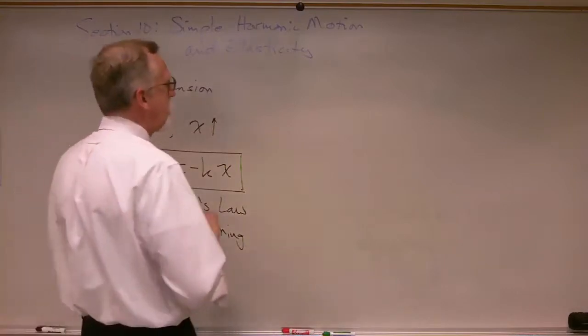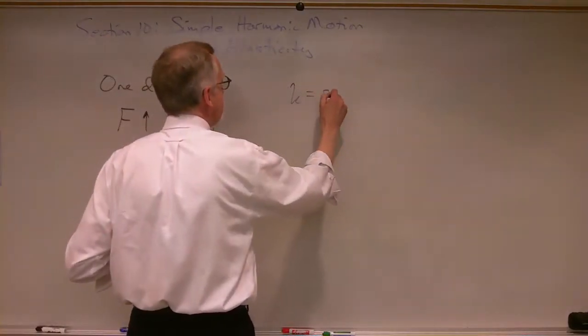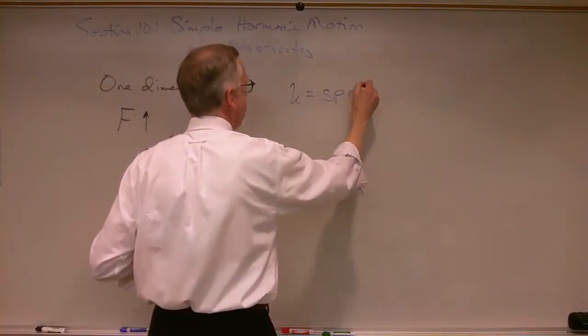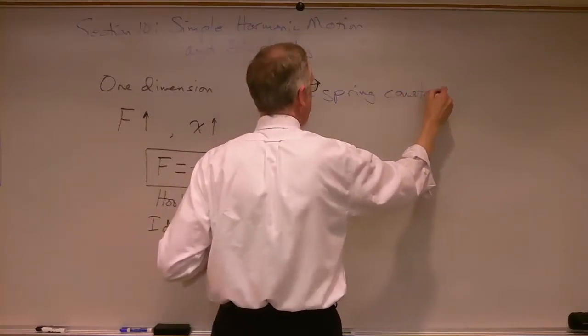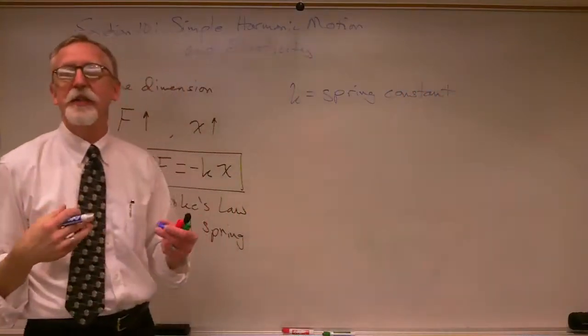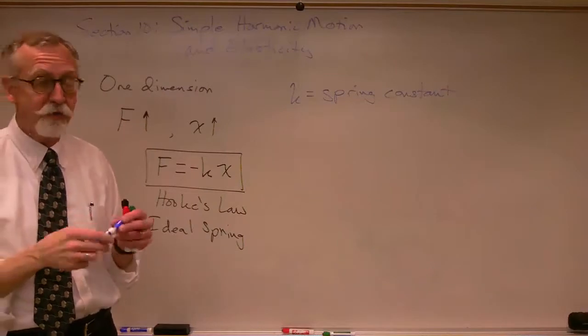K is called the spring constant. And basically it tells us how strong the spring is.